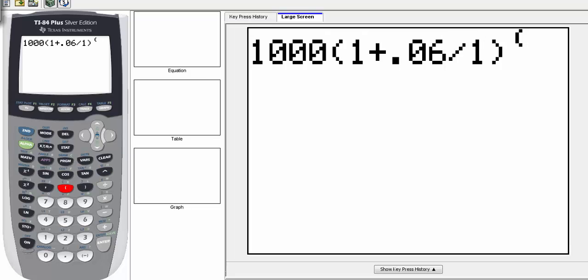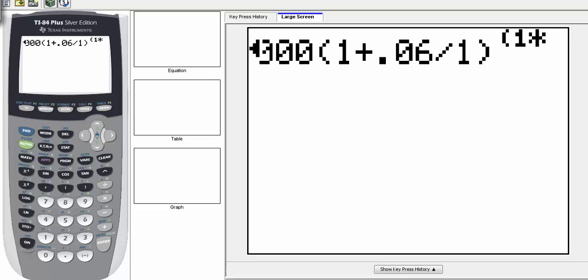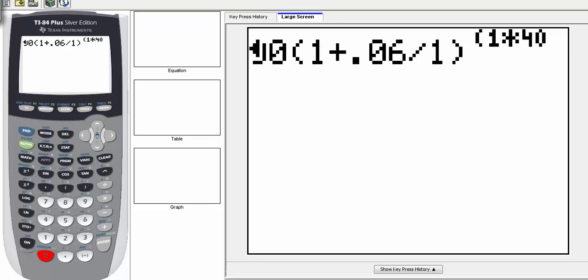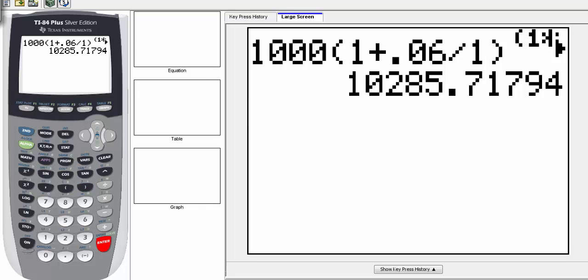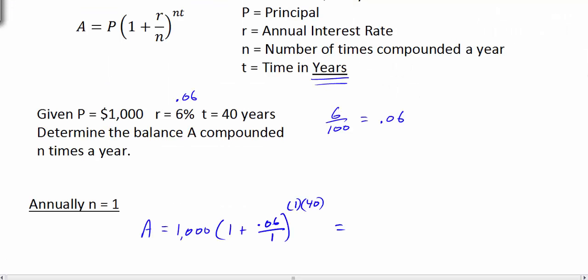And then we would have 1 times 40, and then we close the parentheses. That makes sure the 1 times 40 is all in the exponent. Then we hit enter, and we get 10,285.72 since we're talking about money. We'll round it to the nearest cent. So therefore, the answer is 10,285.72.